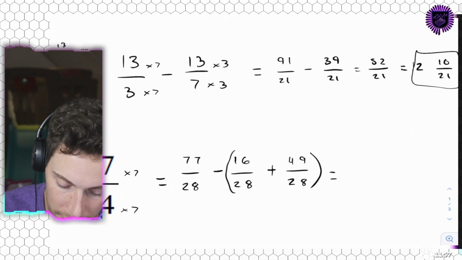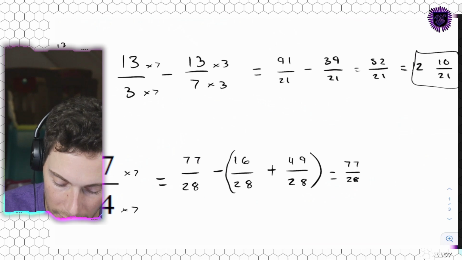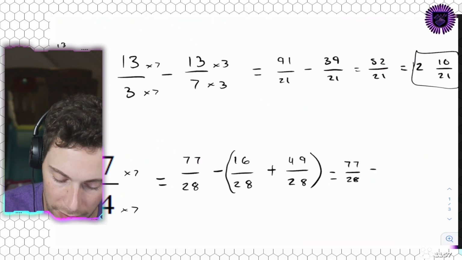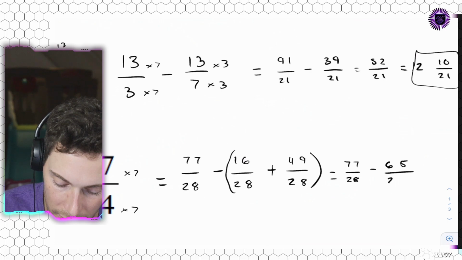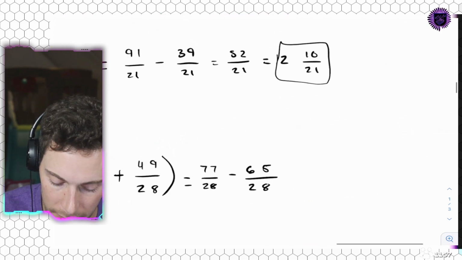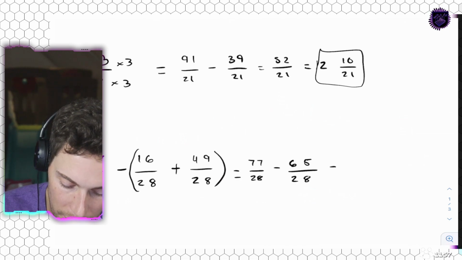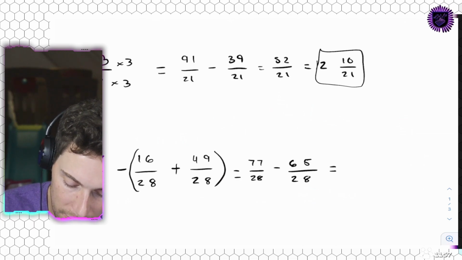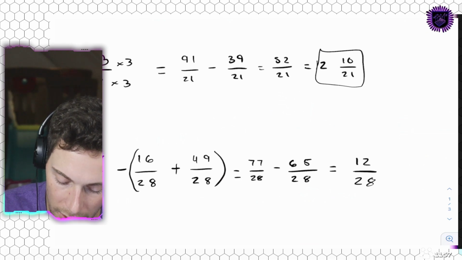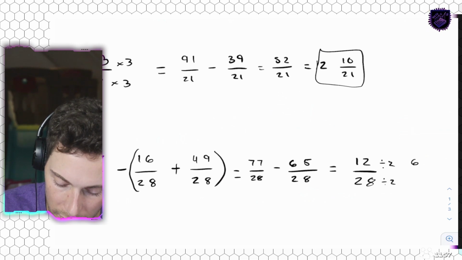So it's going to equal 77 28ths subtract 65 28ths, which will equal 12 28ths, and 12 28ths can be divided by 2, which gives us 6 14ths.